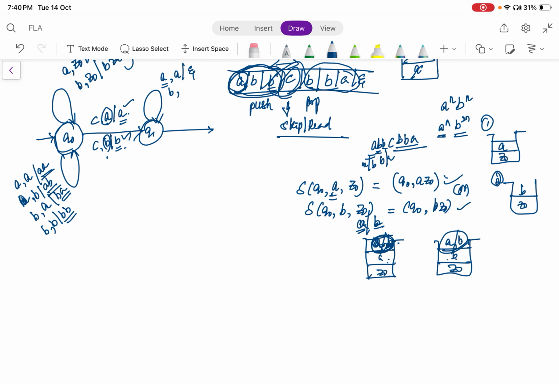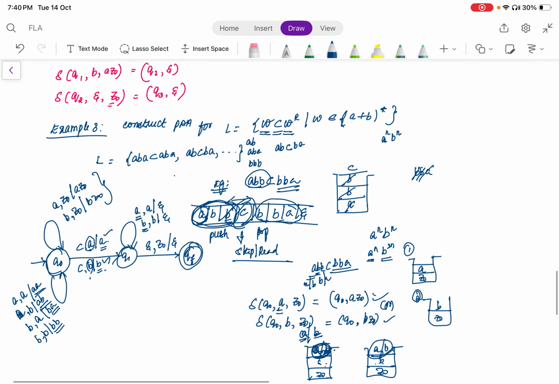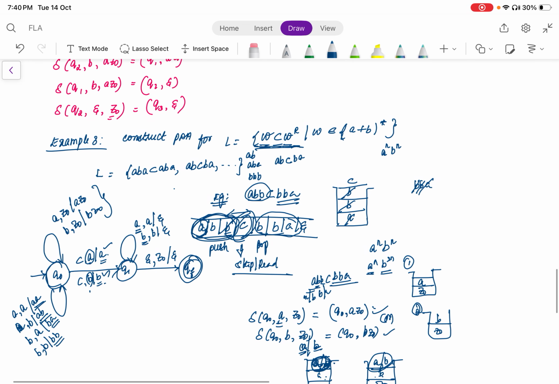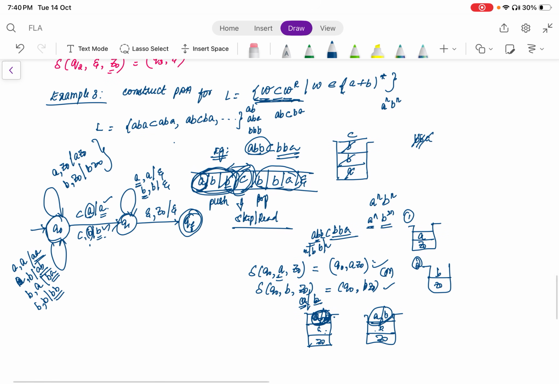If the input is B, you again pop, with the stack symbol being B or A. Now there is a new epsilon you are getting, and the stack initial symbol is Z0, and you are going to pop Z0. This is how you draw a PDA for W C W power R.